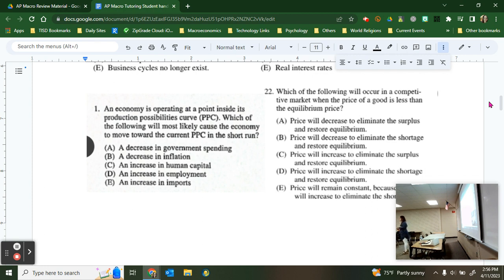Not what causes it to shift, but what causes a movement from, let's say, point A to point B. So point A, we're not using all of our resources, but point B, we are using all of our resources. We don't have more resources because that would be a shift. We just are currently using the resources that are available to us on this question.